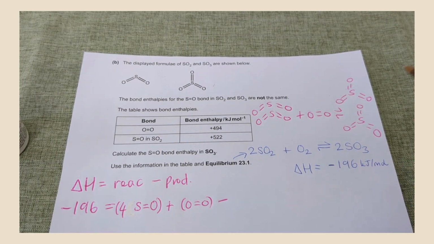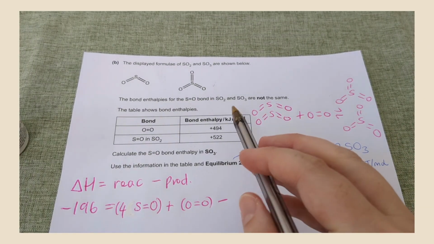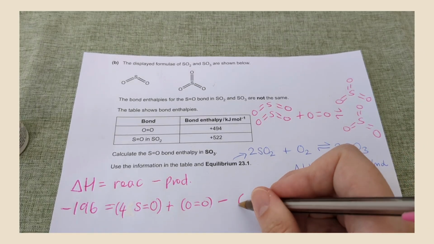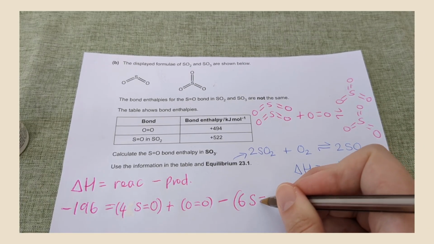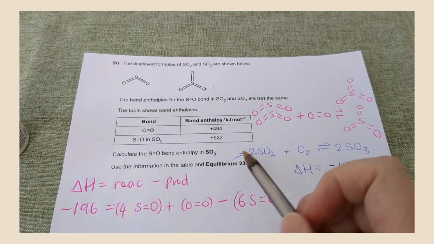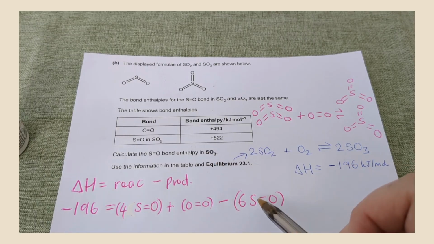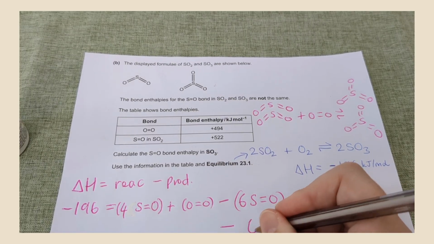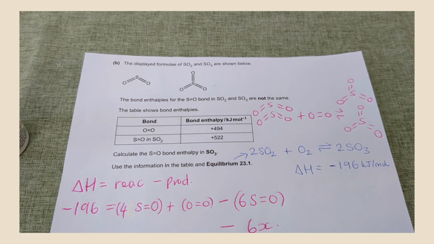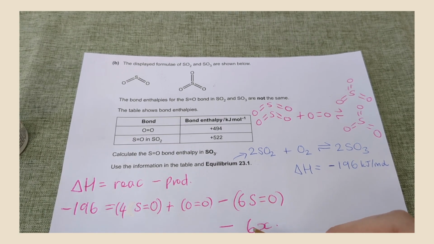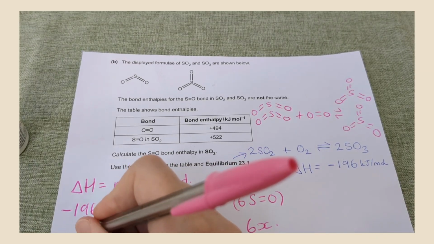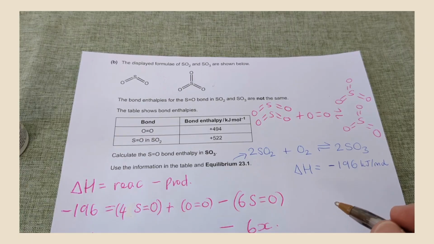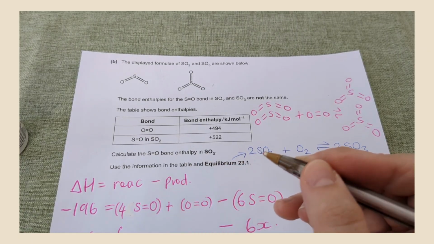And we're going to take from it the 6 SO double bonds. And these are the ones that we want to calculate. So we can start to pop our numbers in then. We can call this 6SO just like it is, or we can call it 6X, whatever you prefer. This is the unknown that we want to find out. And I'm going to start working these out and popping our numbers in.